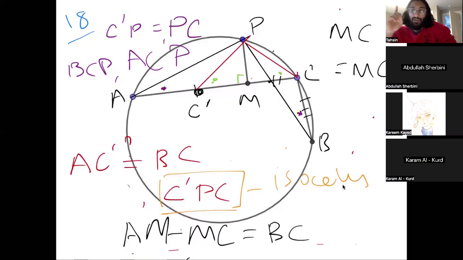Yeah, so if you read the problem statement, actually, oh yeah, we have AP equals PB. Remember, A, P, and B are equally spaced on the circle. So we have AP equals PB. Yeah. So is that enough for us?